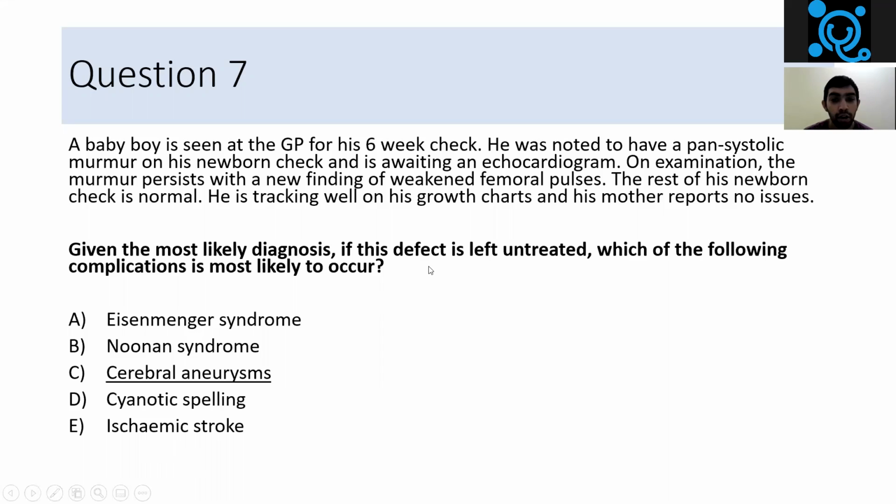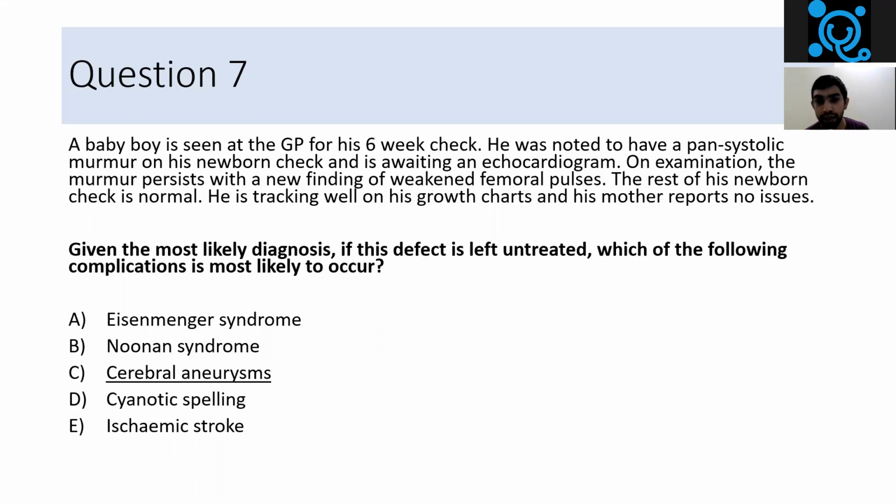So, with coarctation of the aorta, the reason we see this presentation with the patient of weakened femoral pulses at the 6-week check, but not at the newborn check, is that the ductus arteriosus is closed by 6 weeks. Okay?